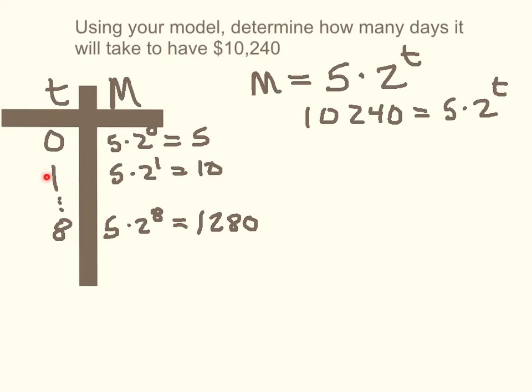If I plug in 1, after 1 day, t is now 1. 5 times 2 to the first power, well, I know after the first day it's just going to be doubled, so that's $10. On that last slide, we found out that 8 days later, we had 1,280. So what I'm going to continue to do here is just continually multiply by 2.